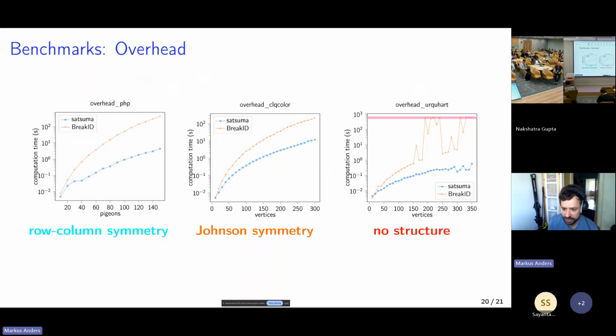You can see in all of these that Satsuma is actually asymptotically faster than Breakit on these instances, at least on these sizes. One thing to note in this last set is that there are quite a few spikes into the timeout for Breakit. This is actually not Breakit being slow, it's the general purpose symmetry detection used by Breakit that is slow and not capable of solving these graphs efficiently.